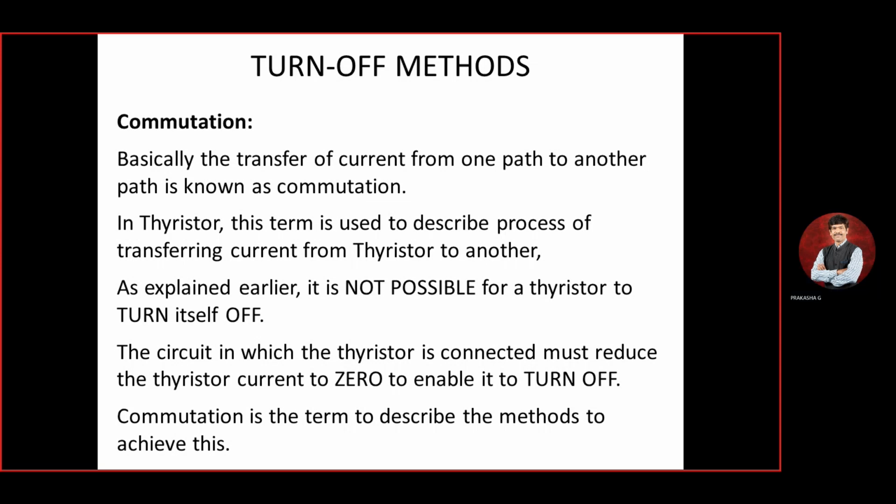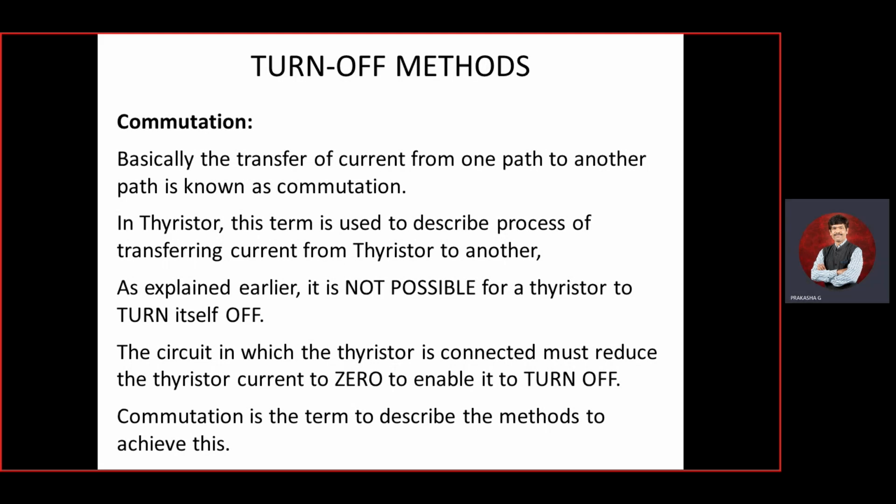The process of transfer of current from one path to another path is known as commutation. When you transfer current from one path to another, your SCR is affected by some mechanism, and your control over it is going to be reduced. The operation is going to be changed.